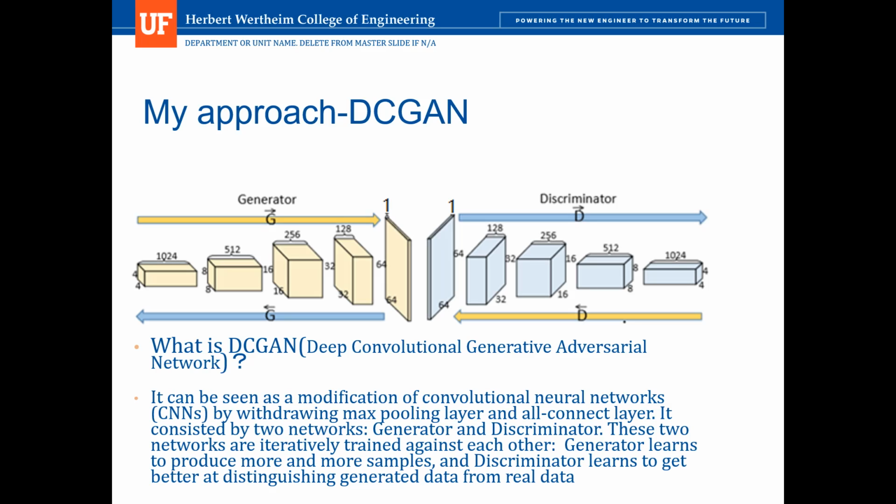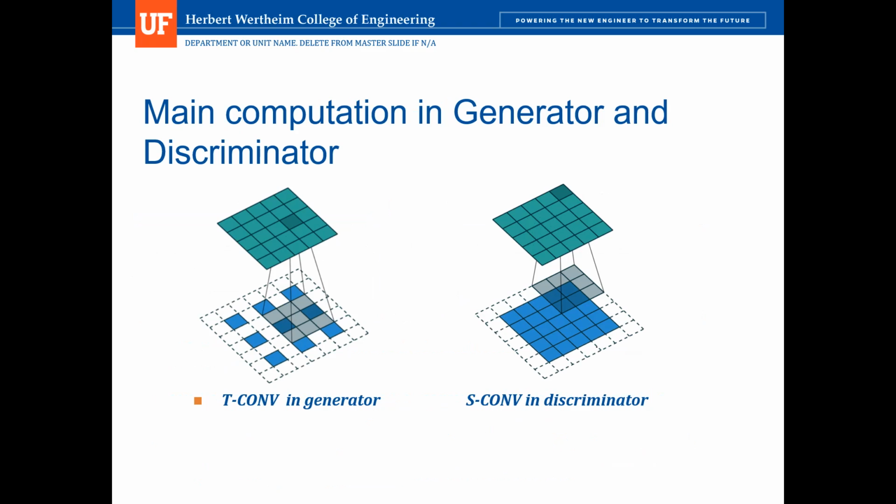This figure is the model of my DCGAN, and it shows the feature maps produced during the forward propagation computation of DCGAN, and the main computation in the generator and discriminator. For the generator, the main operation is transposed convolution.